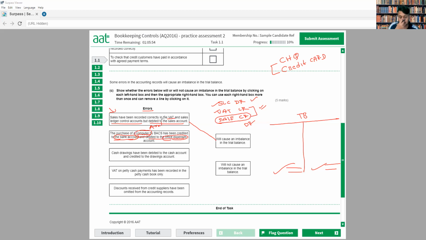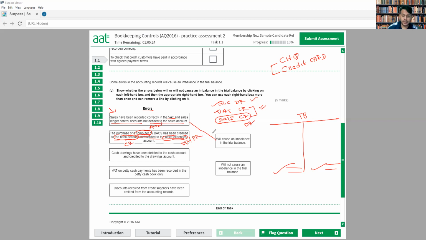But the question is, the bank is a credit, so this is correct. Now office expense is also a debit, isn't it? So office expense is a debit, and the computer as an asset is also a debit. So even though we made a mistake, my trial balance will still match. Why? Because instead of writing the computer, I wrote office expense, but unfortunately both are debit.